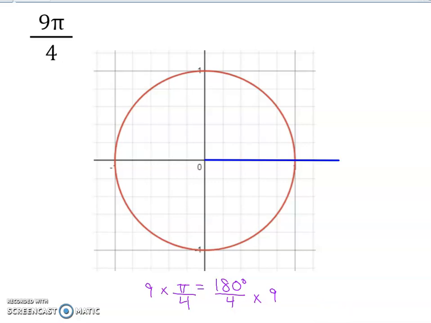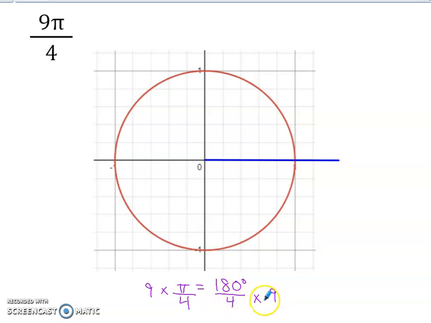So I have a couple more here to do. 9 pi over 4, same strategy. So I'm taking pi equals 180. I'm doing the division of both sides first, so divide by 4, since that's my denominator here. 180 divided by 4 is 45 degrees. Now 45 degrees times 9, I can try to work that out and try to get some big angle and plot that angle, but I wouldn't recommend it. This is a 45-degree angle.